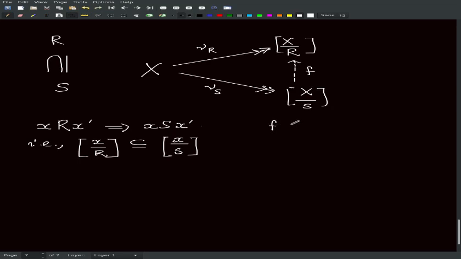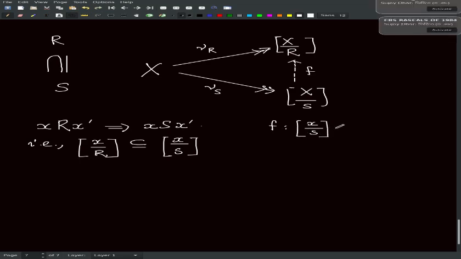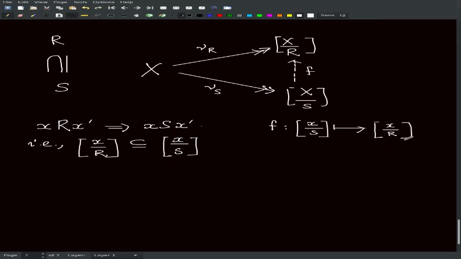F will take the equivalence class of x due to S to the equivalence class of x due to R. Let's see if I'm right.